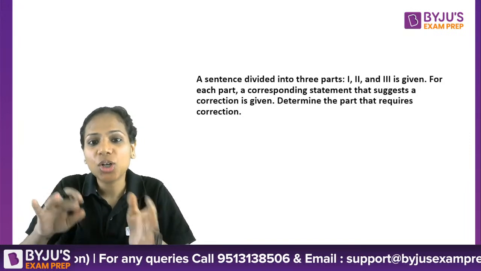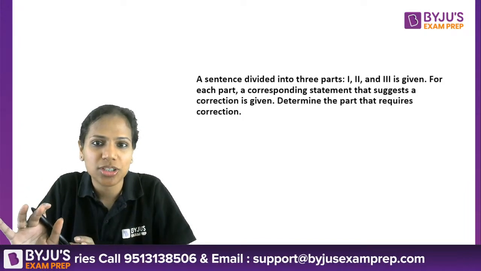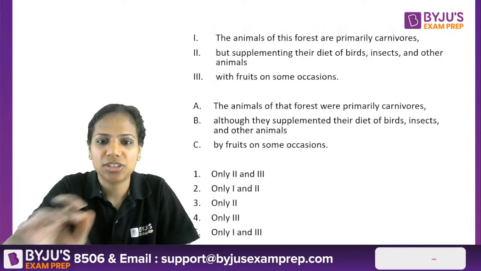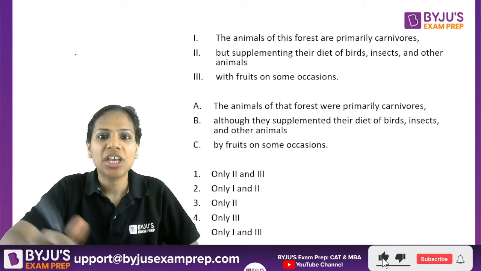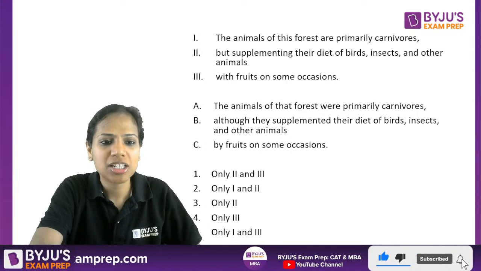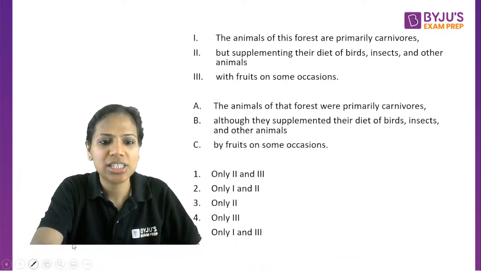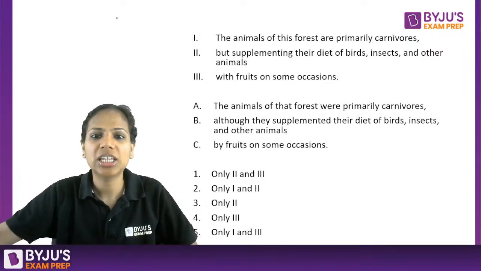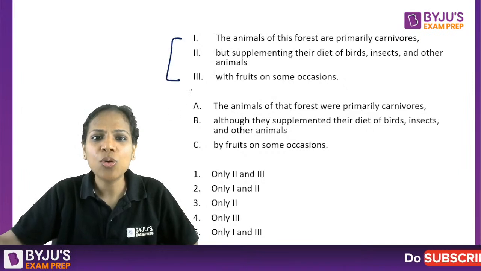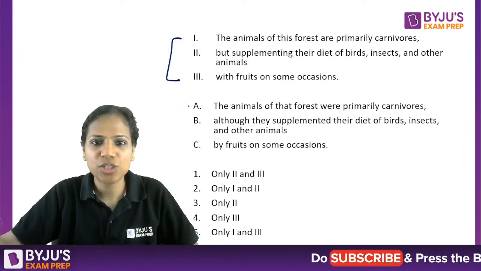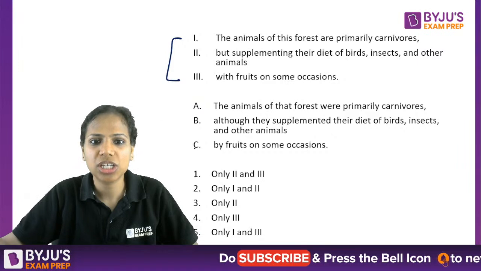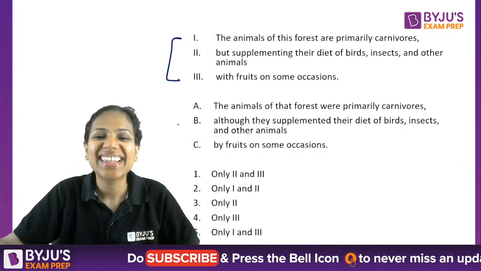Determine the part that requires correction. To make you understand this better, you can see there are three parts here. This is one whole sentence that has been divided into three parts. Now, these are the correction statements. A is for 1, B is for 2, C is for 3.